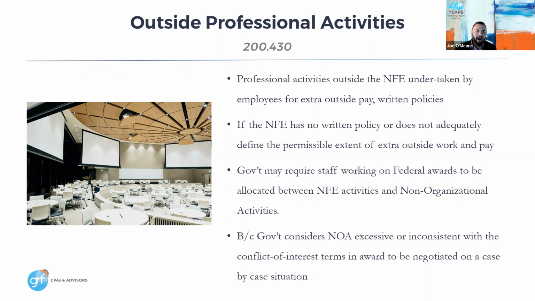We see this often with newer organizations that are almost like a startup, where people are working overtime, extra hours to really help grow the organization. And from the U.S. government standpoint, that all needs to be treated consistently and equally.